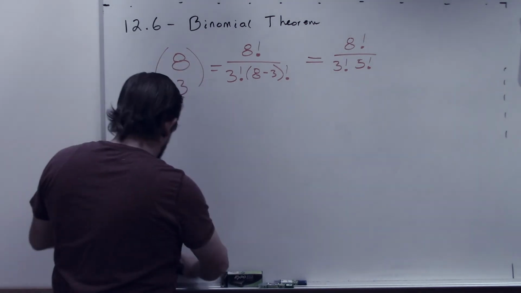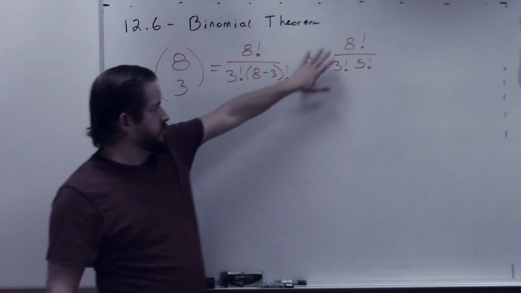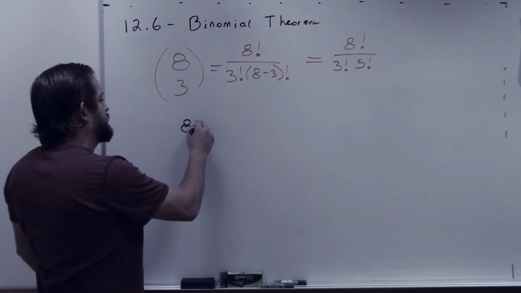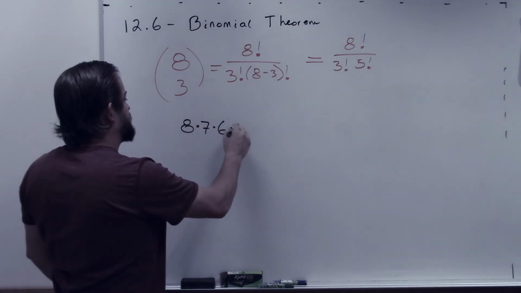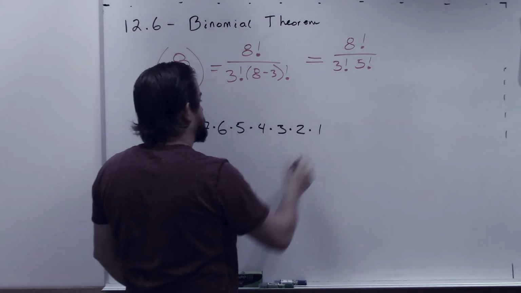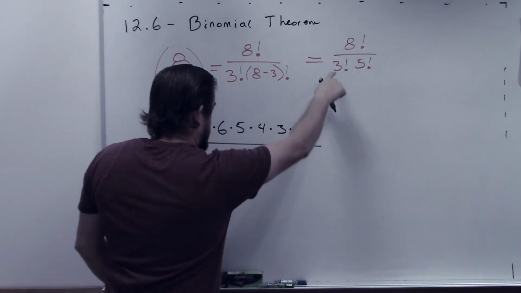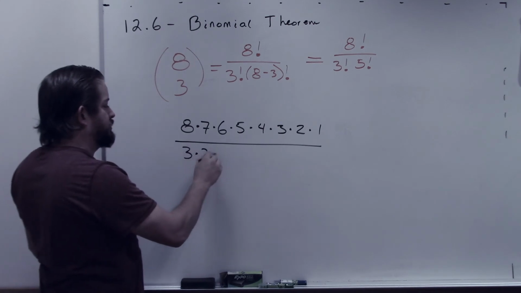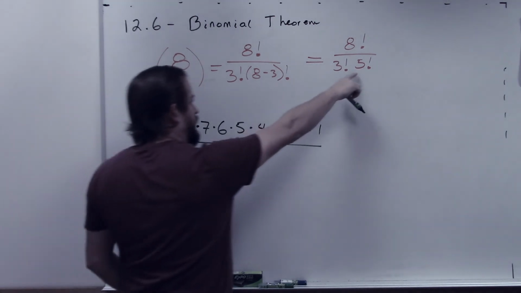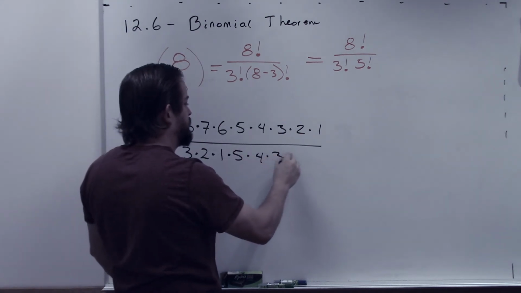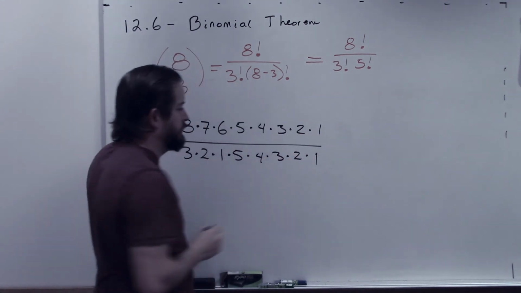So instead of doing that, let's conceptualize what's happening here. 8 factorial is 8 times 7 times 6 times 5 times 4 times 3 times 2 times 1. In the denominator I have a 3 factorial, so I have 3 multiplied by 2 multiplied by 1, but I also have a 5 factorial, which is 5 multiplied by 4 multiplied by 3 multiplied by 2 multiplied by 1.